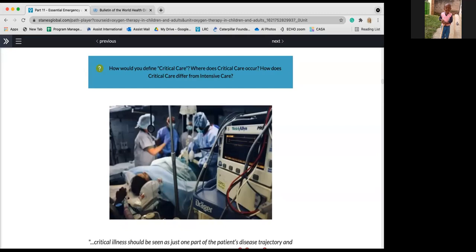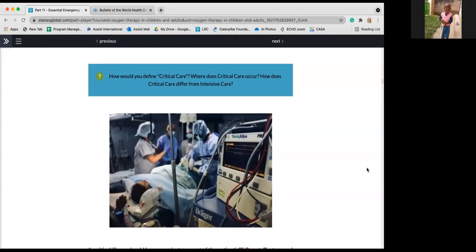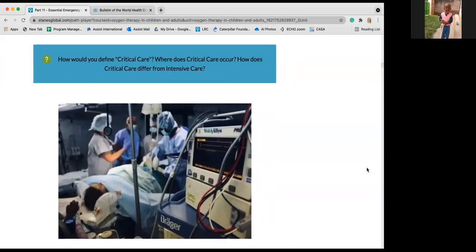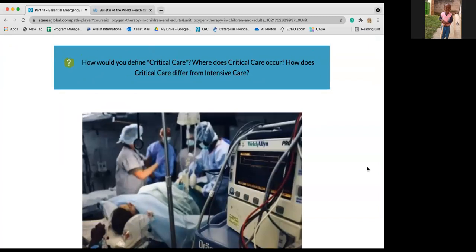You can use the chat box. The question is, how do you define critical care? Is critical care equal to intensive care unit, or is it something different?